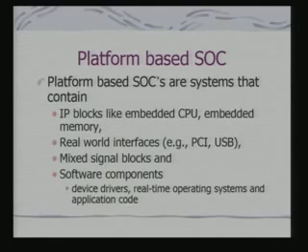So, a platform can come with an embedded CPU, embedded memory, real world interfaces, mixed signal blocks and software components. The tools to use all these elements which have been put into the platform. The software components can be device drivers, real-time operating systems and application code.